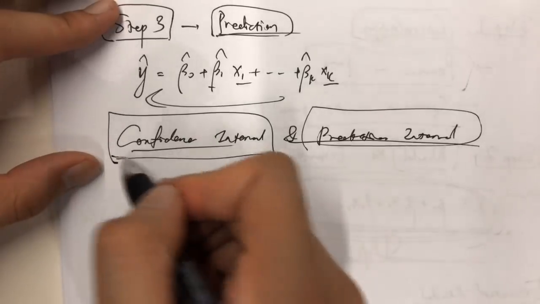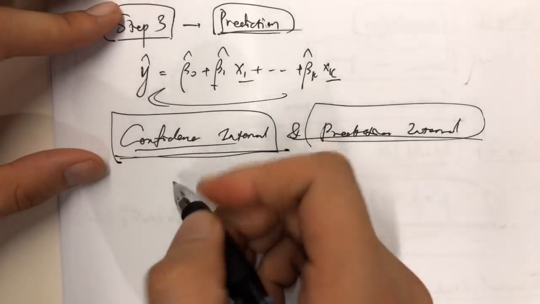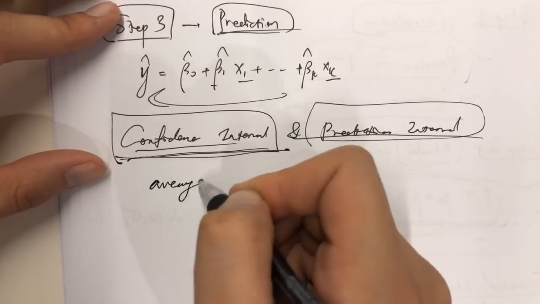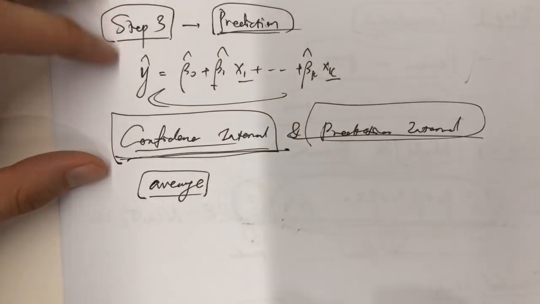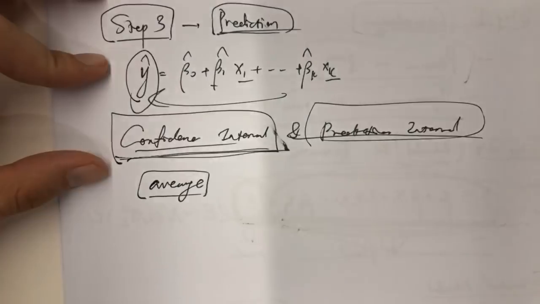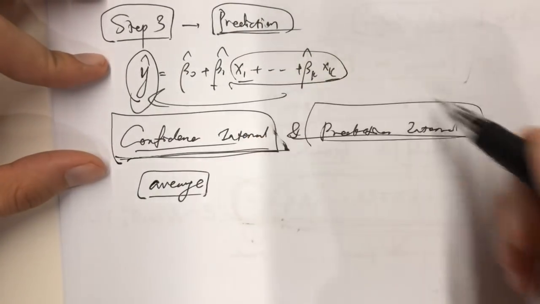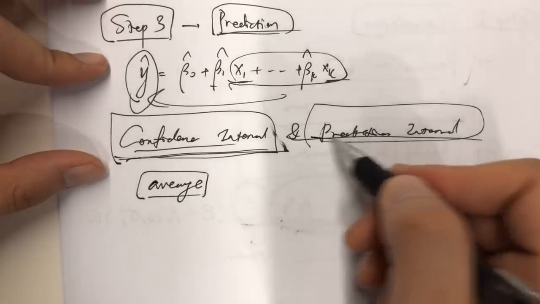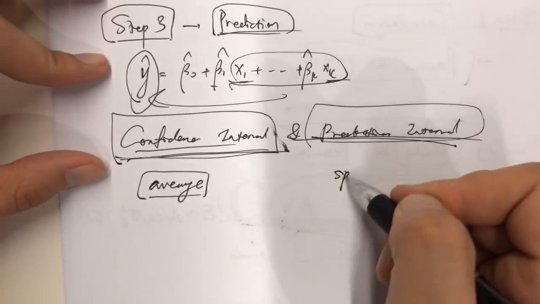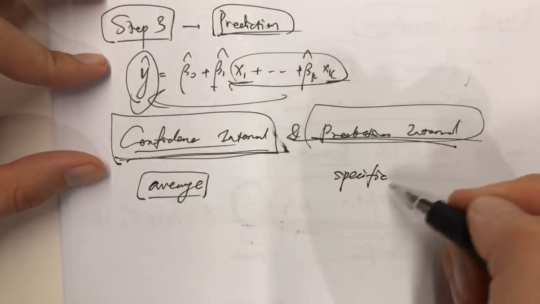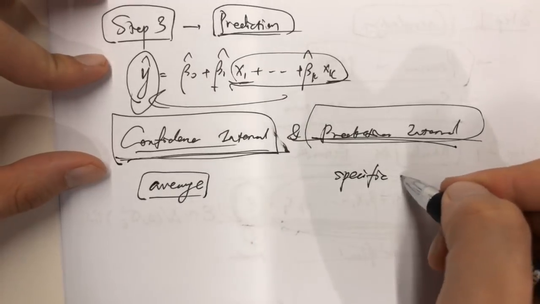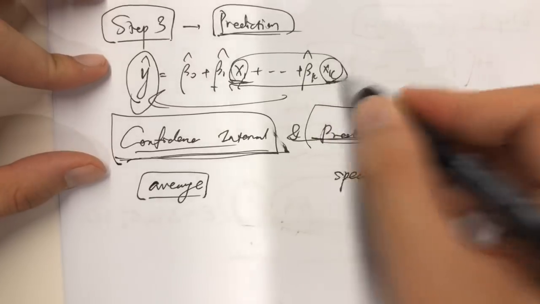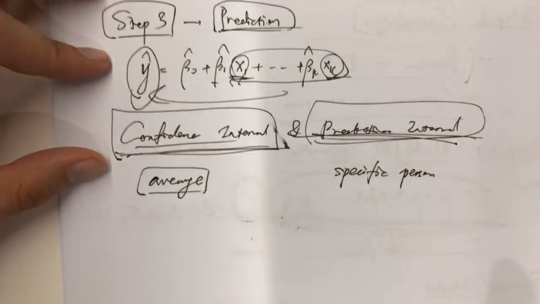So the confidence interval is actually estimating the average, right? The average y for all items that have the same x, right? But the prediction interval is for a specific person or specific item or entity, who has a specific set of x, and then we do a prediction interval.